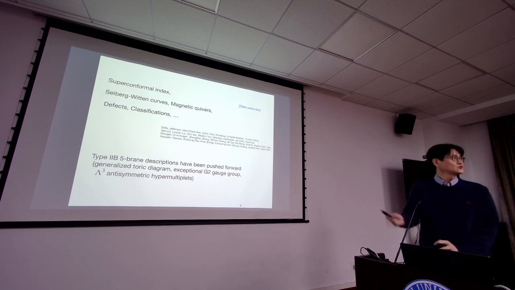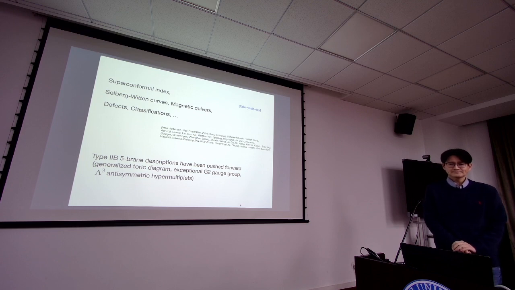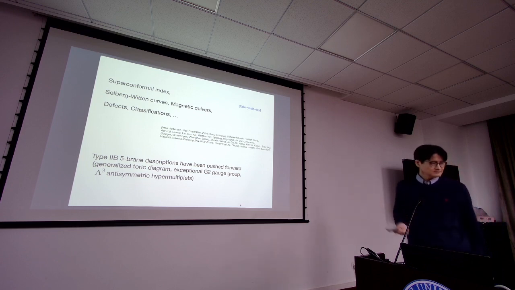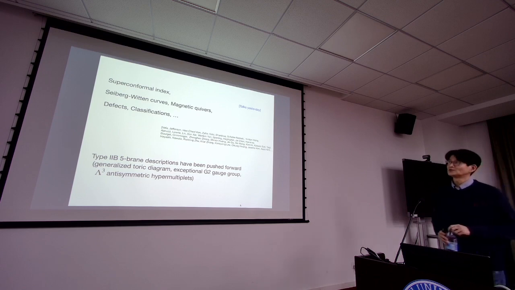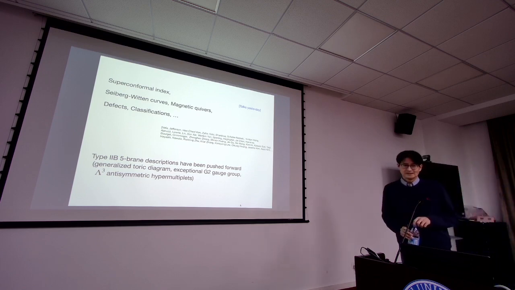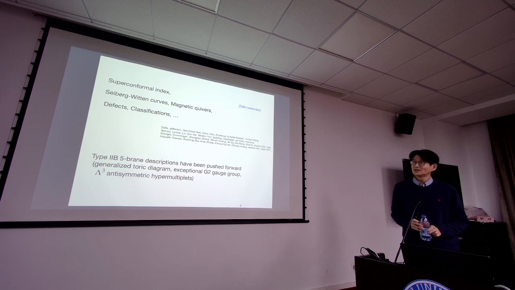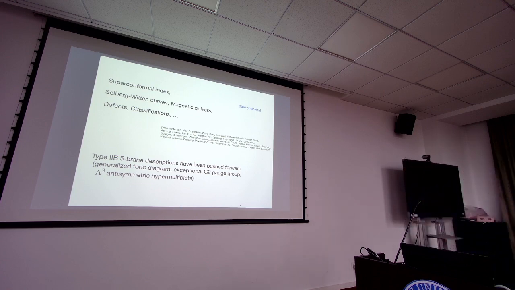I will also mention the index later in more detail. Another observable is the Seiberg-Witten curve, and also magnetic quivers, which capture the Higgs branches, also connected to the three-dimensional Higgs branches together with mirror symmetry.